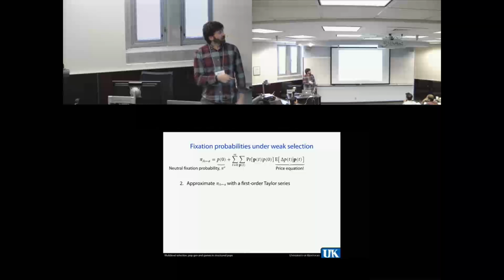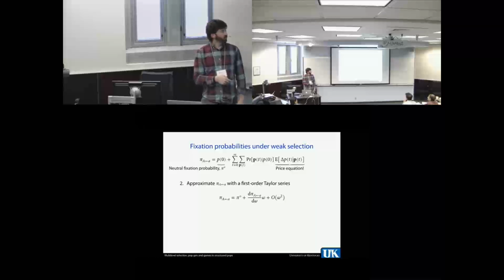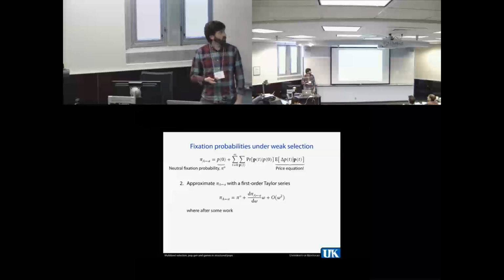So then this allows us to start working to write down this mutation fixation probability as a first order Taylor series. It's this initial frequency, that neutral chance that it fixes, plus some first order effect of selection on the fixation probability.